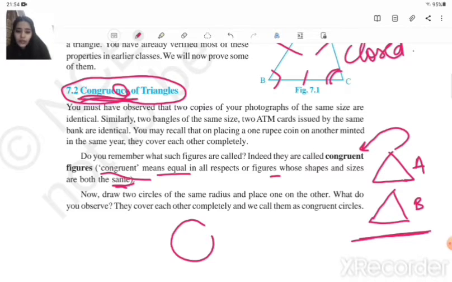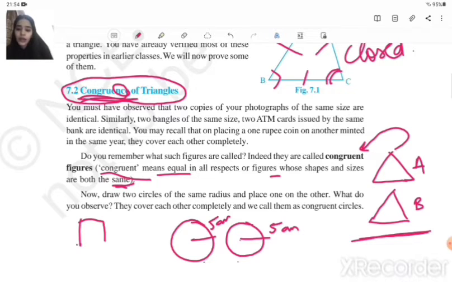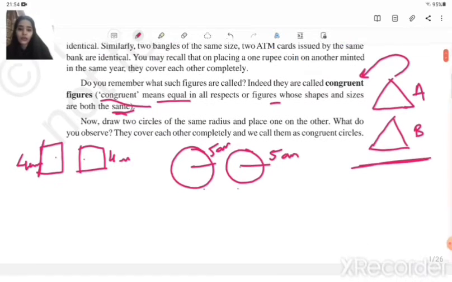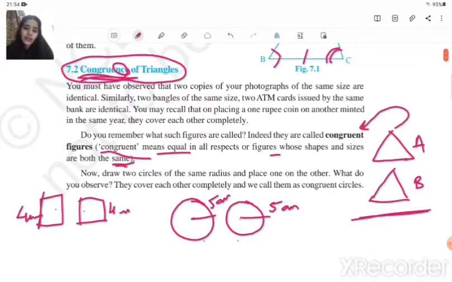Similarly, if we make two circles of radius 5 centimeter, then these two circles will be congruent. Similarly, if we take a square of 4 centimeter side, then both these squares are congruent to each other. So this is the basic concept of congruence. We will apply this concept in this chapter.